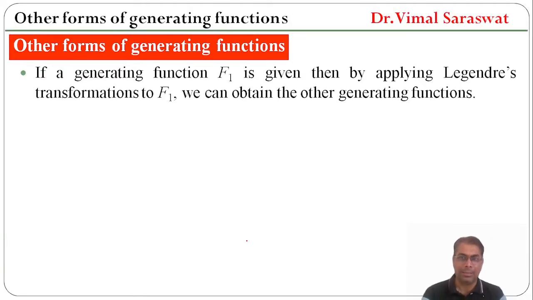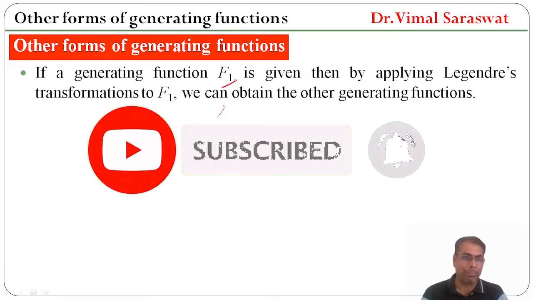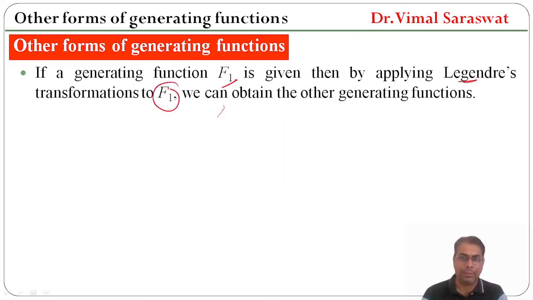If a generating function F1 is given, then by applying Legendre's transformation to F1, we can obtain the other generating functions. Generating function F1 we have already discussed in our last lecture, and the link of that lecture is given in the description box.